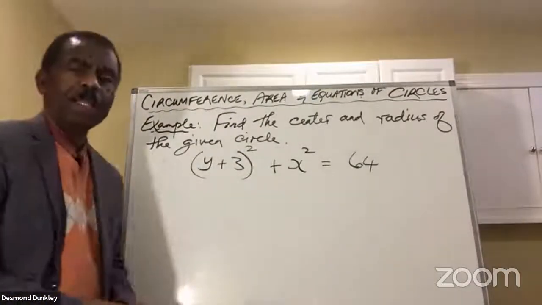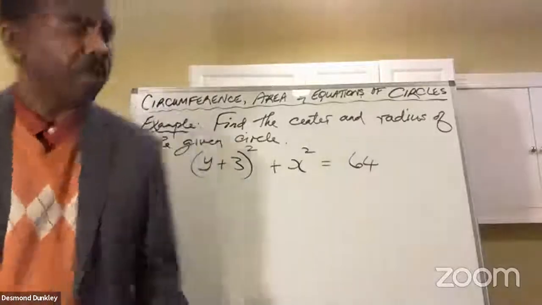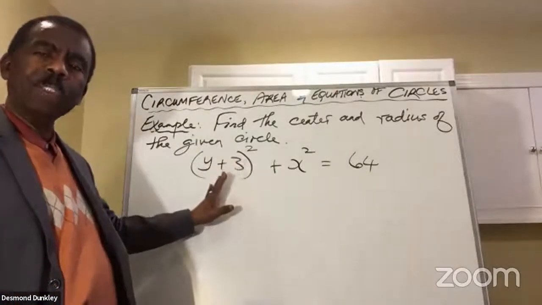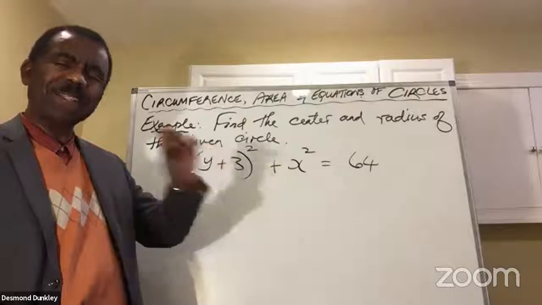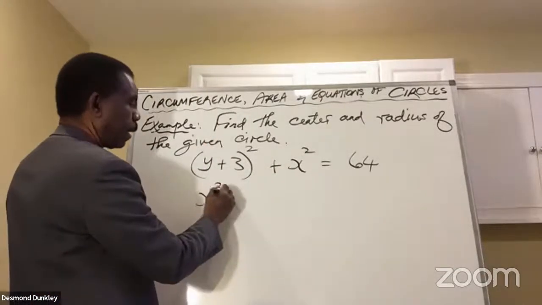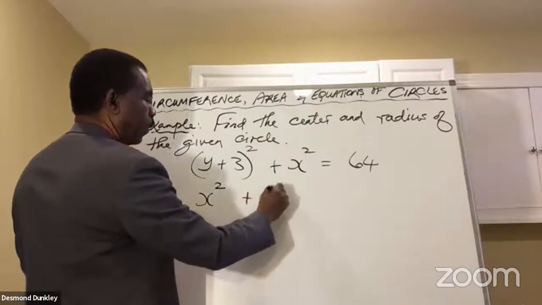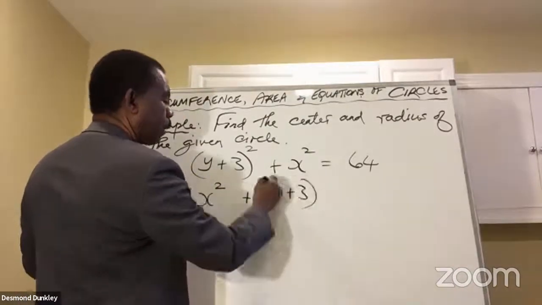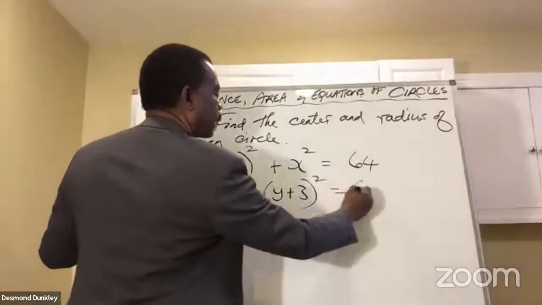Okay, well, first things first, we have the y portion first and the x portion second. So let's flip it around. So x squared plus y plus 3 squared equal to 64.